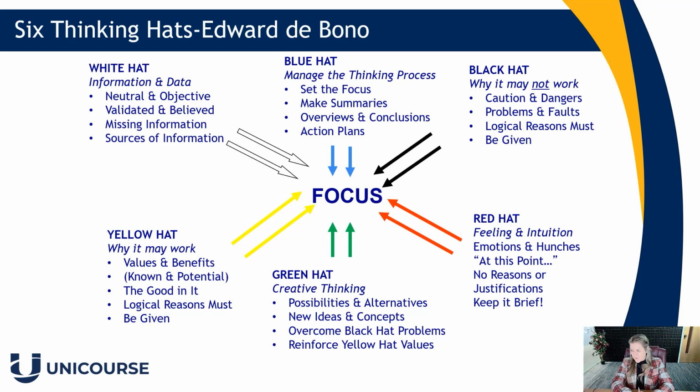If you were to look at these different hats, they are only imaginary hats. You don't have to wear a hat. I've done this exercise before, and we've all had a specific colour pen. So somebody has a black pen, somebody has a red pen, somebody has a green pen, and it's just understood that each one you're thinking in a different way.